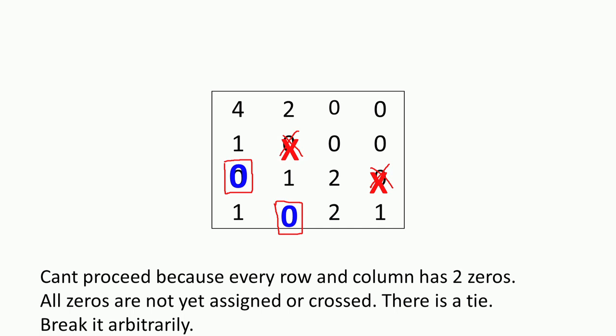We cannot proceed because every row and every column has 2 zeros. All the zeros are not yet assigned or crossed. There is a tie now. So, break it arbitrarily and make an arbitrary assignment. Now, we say that we are going to make an assignment here. So, this is an arbitrary assignment. We could have assigned in any one of the 4. So, we make this assignment, this automatically goes.